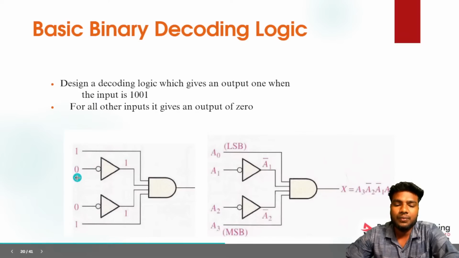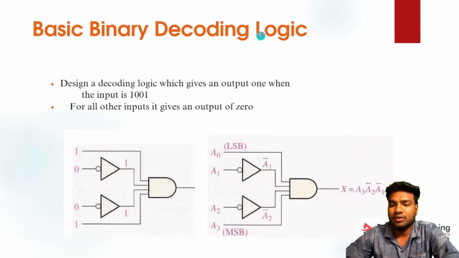We know that an AND gate does multiplication. If any one input is 0, you will get a 0 output. If all the inputs, say all 3 bits, are 1, then only will you get a 1, a high output.